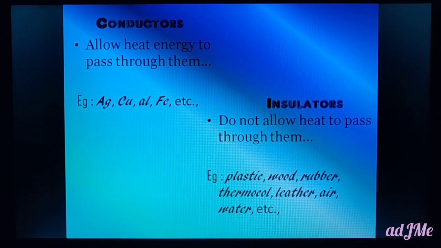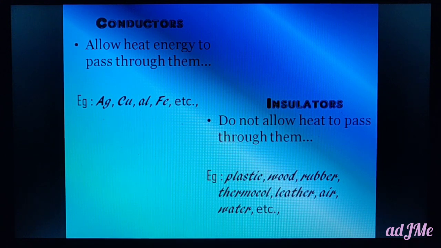All these are examples of conductors which allow heat energy to pass through them. Again I repeat, if an object allows heat energy to pass through it, it is called a conductor, or a good conductor.